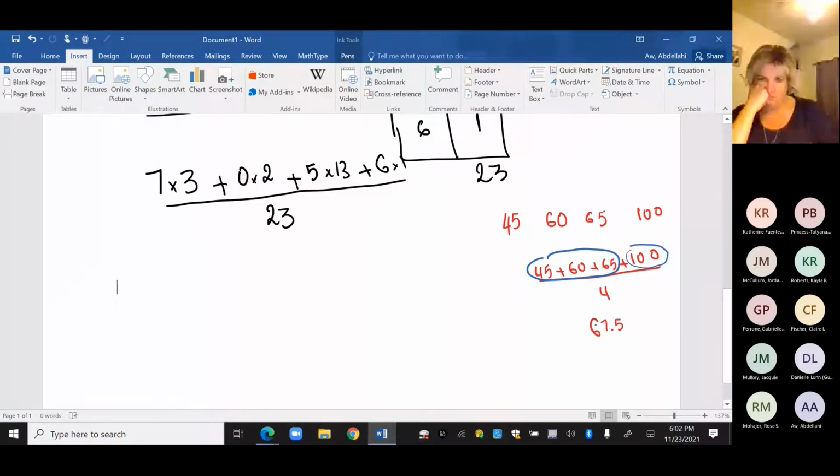So the mean here doesn't tell the whole story. The mean doesn't tell how much this class is doing. This 100 is an outlier, way out of the range. My data here is from 45 to 65, and then I have a big jump to 100.